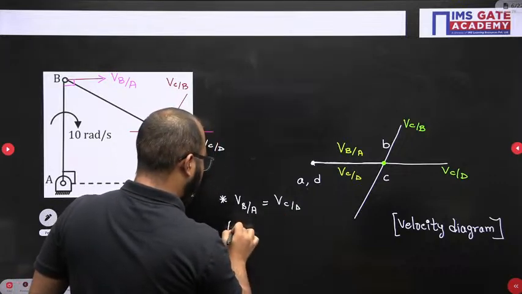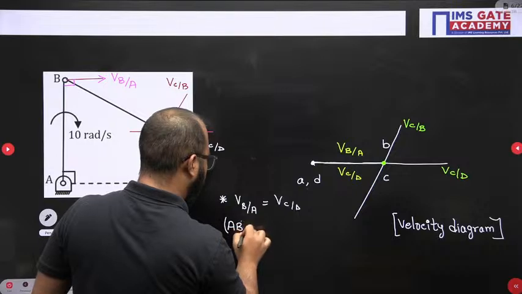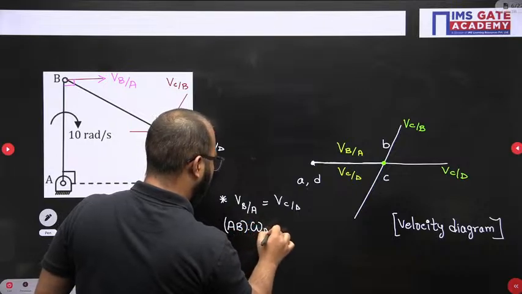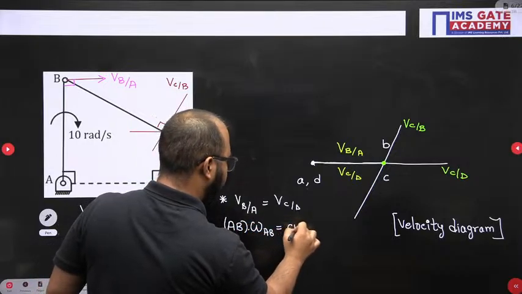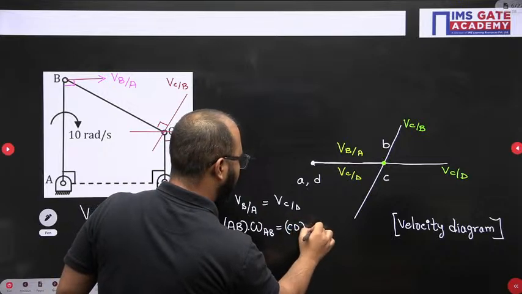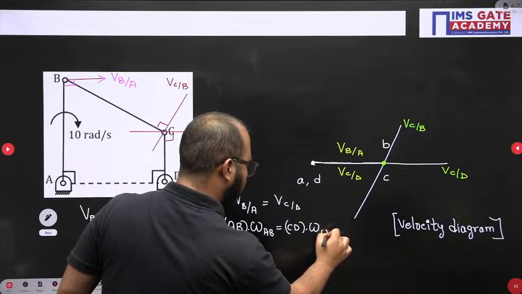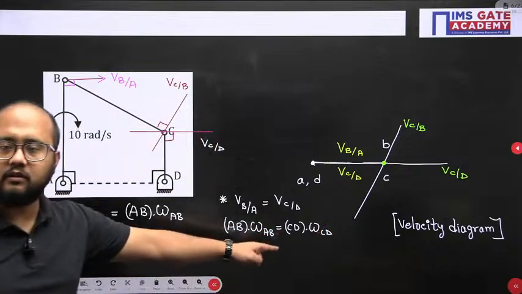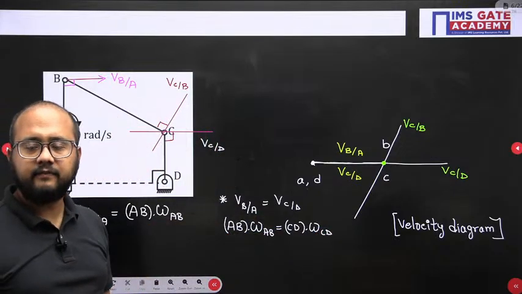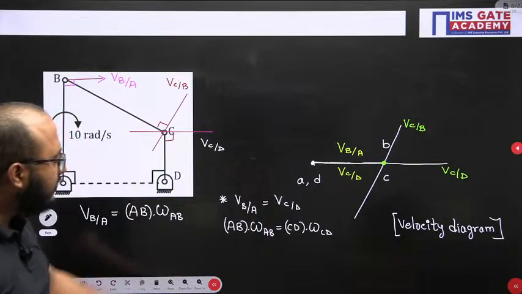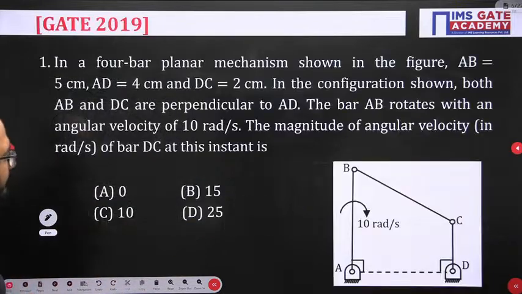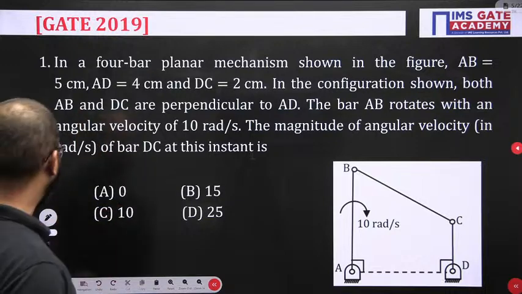So, AB multiplied by omega AB, and here it will be CD multiplied by omega CD. Okay, all the dimensions are given. We can directly put all those values here and we will get the answer. Yes or no? Fine. AB, what was the AB value? AB value is given as 5 centimeter.